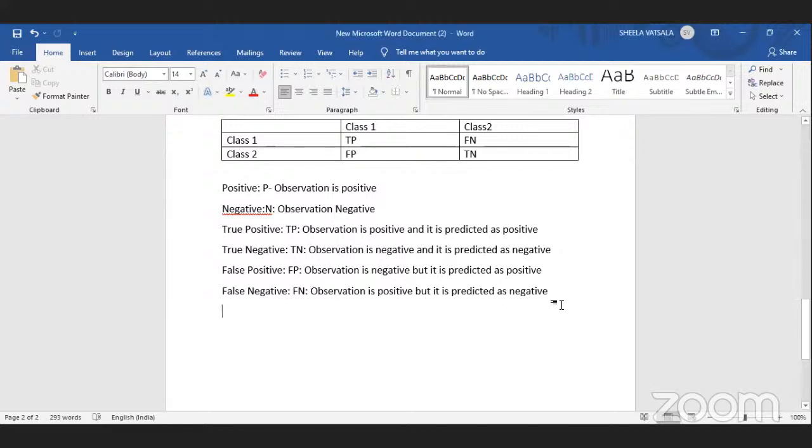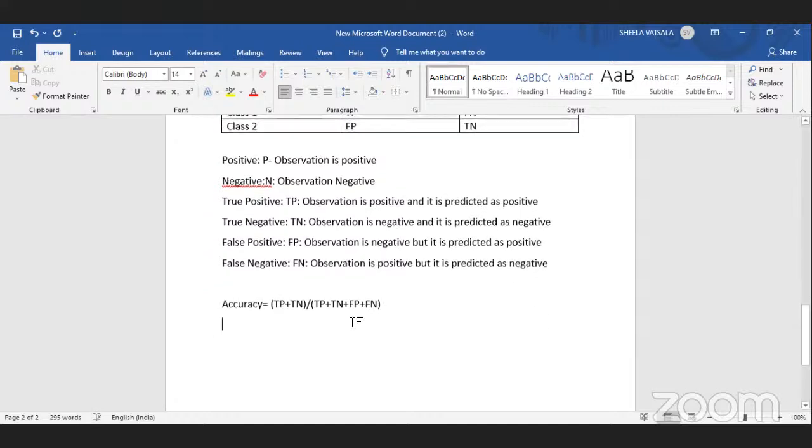So we write accuracy equals TP plus TN divided by N. A very important formula that we have to remember.